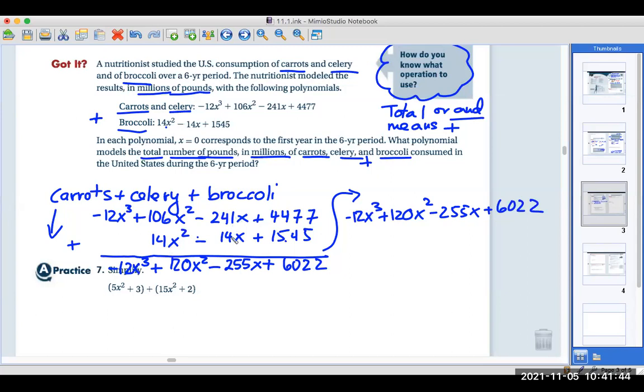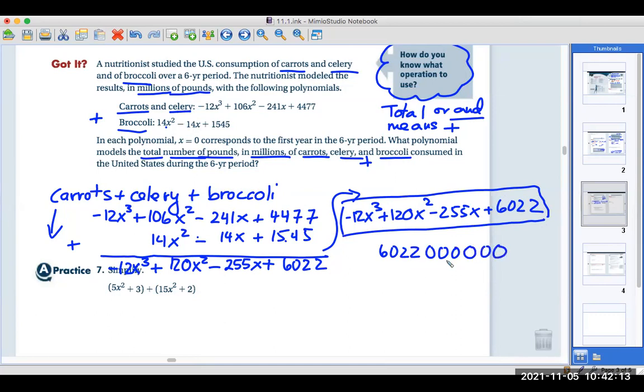Notice I lined them up so it's easier. Okay, now this is your answer. I'll box it. This is the polynomial that models both of these together, right? And what does the last number mean? When x was 0, all these fall away because you're multiplying a number by 0. So they all go away and you're left with 6,000 million. I'm just showing you what that number means.